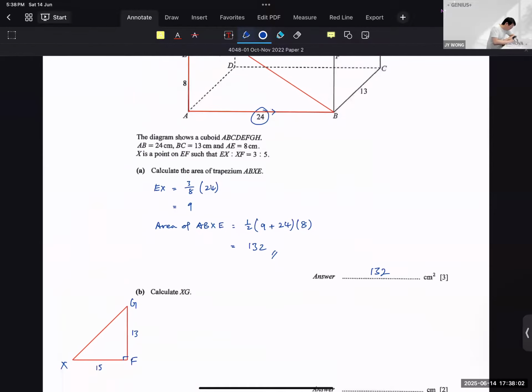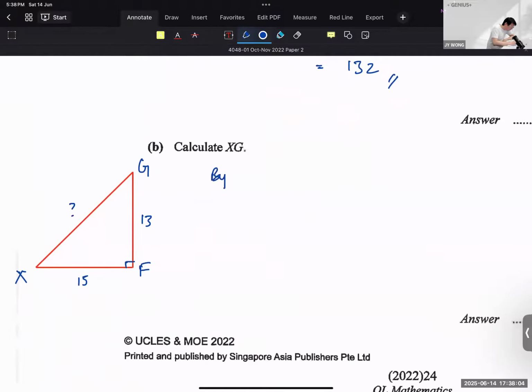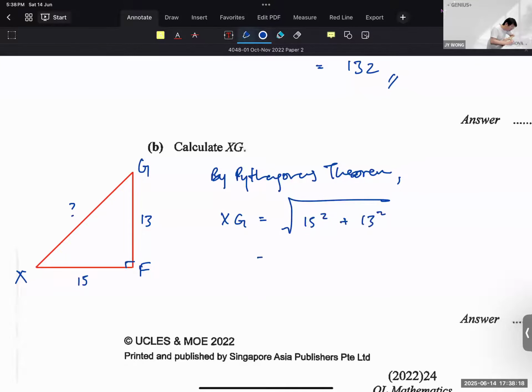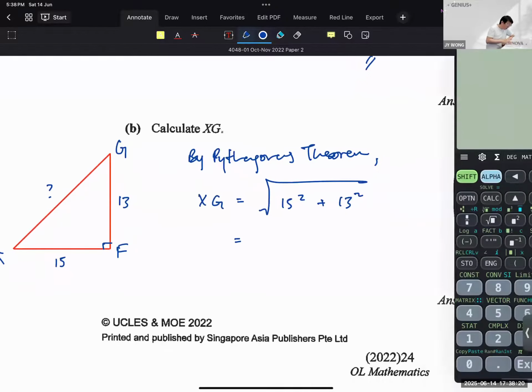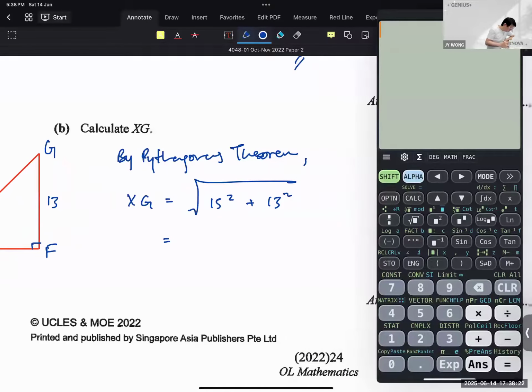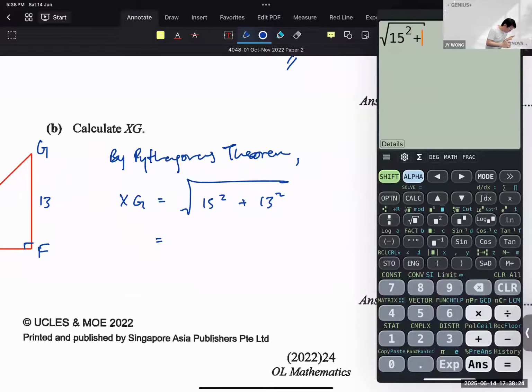And therefore, by Pythagoras theorem, XG is equal to square root of 15 squared plus 13 squared, which is equal to, I will leave the 5SF value in case I need it later on.